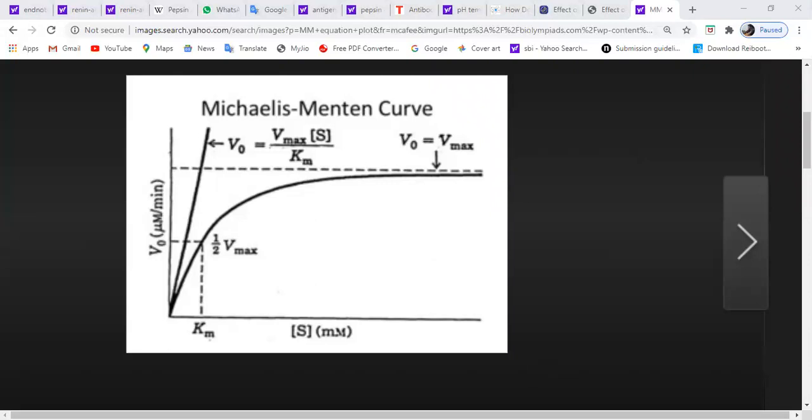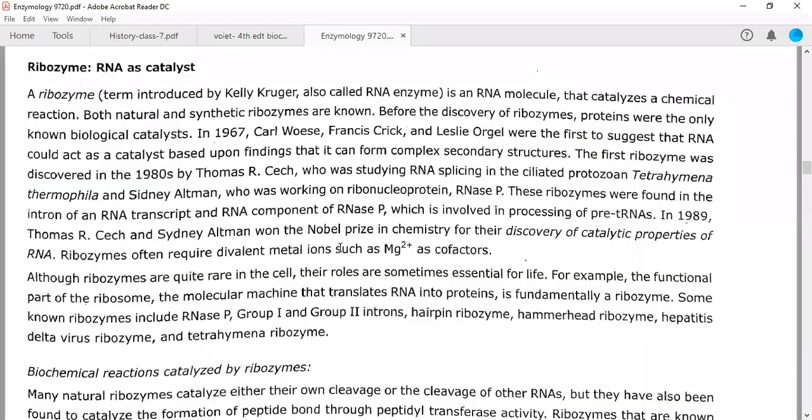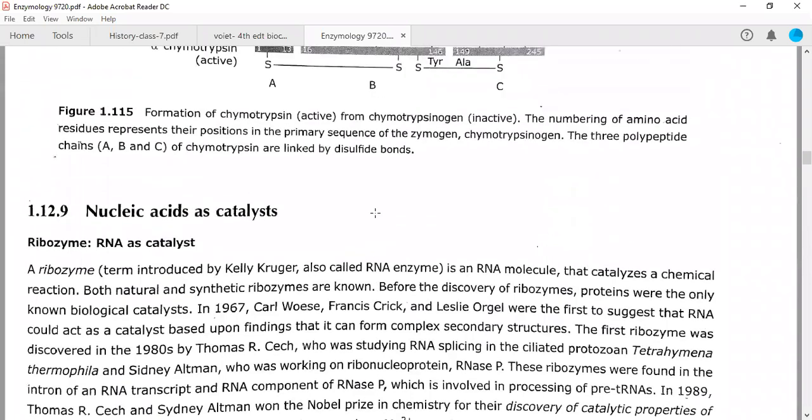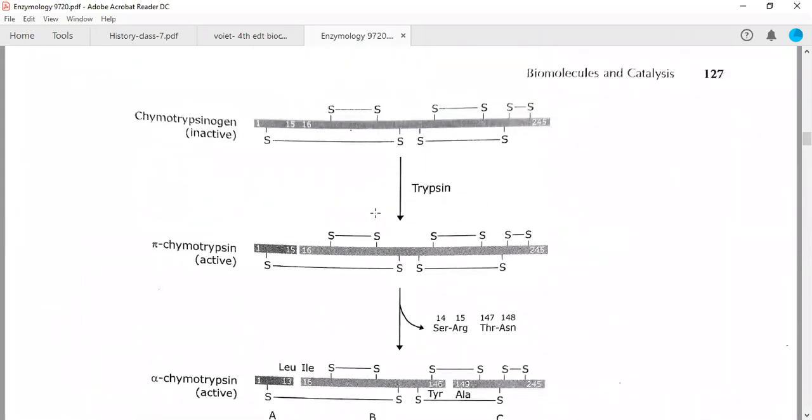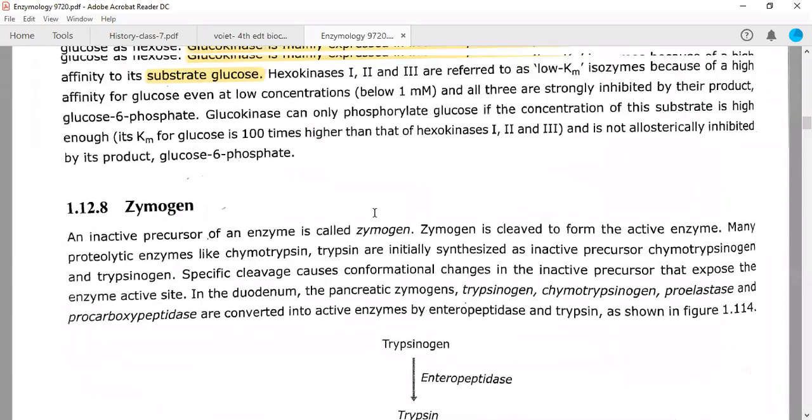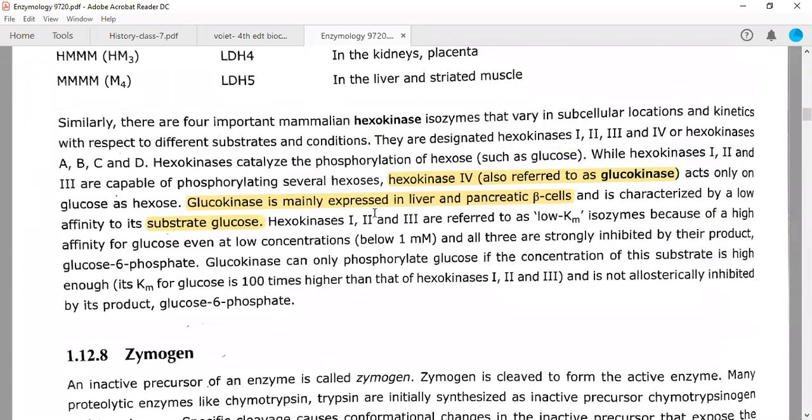Now, we were discussing two important things in the isoenzyme section. Okay, let me move to that particular page. Now, suppose there are two kinds of isoenzymes. In one class, we can put all the three, suppose 1, 2, and 3, in a class that is called low Km.